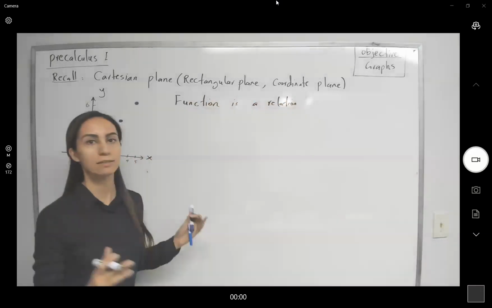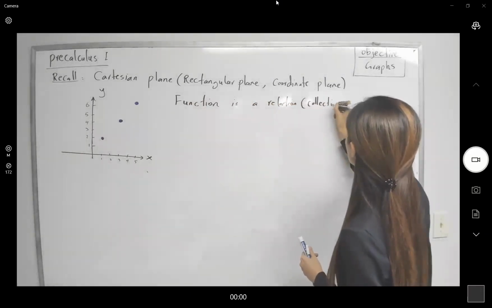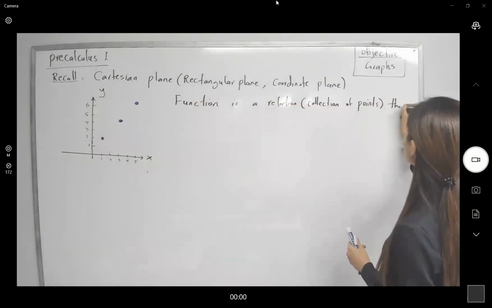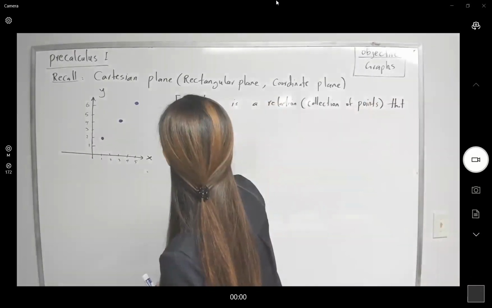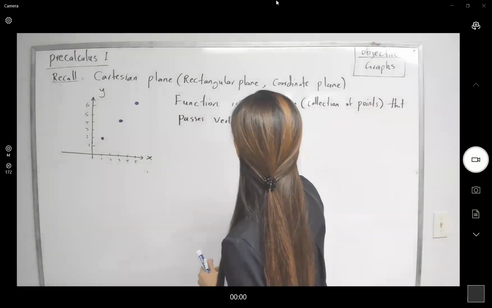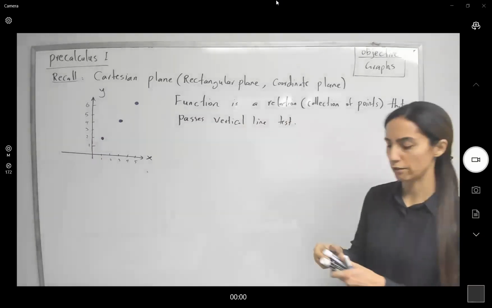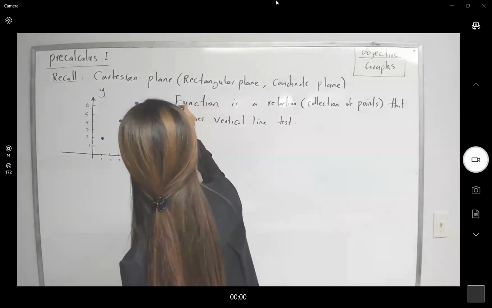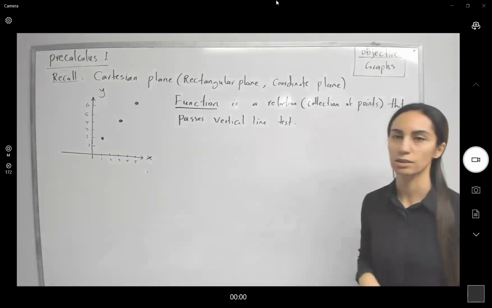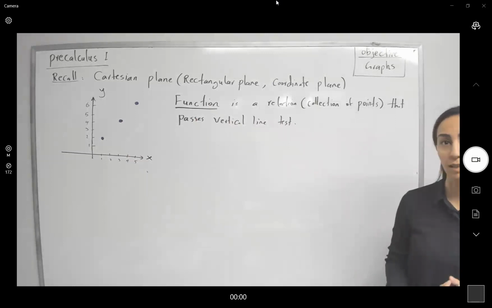It means that it is a collection of points that passes the vertical line test. So this is the easiest definition of a function. If you have the graph of the function, you can check to see if it passes the vertical line test or not. If you have a relation, you can check to see if it passes the vertical line test or not.